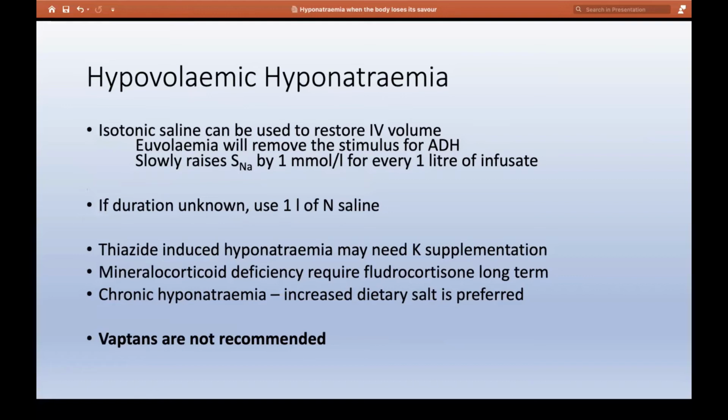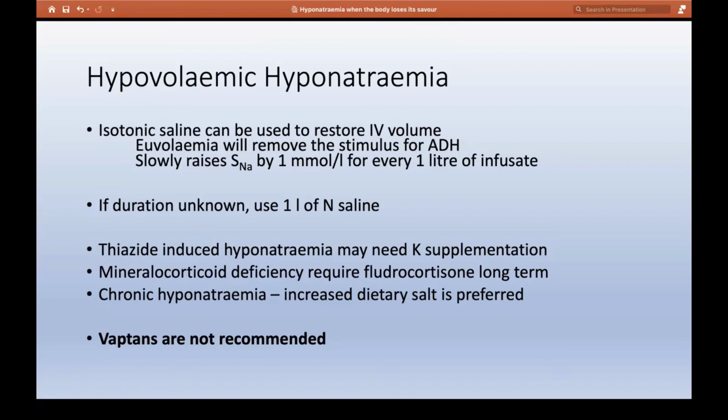Hypovolemic hyponatremia. Obviously, the patient is in a dehydrated state. So if somebody is dehydrated and having hyponatremia, then the substance that you need to give is normal saline. If the duration is unknown, you give 1 liter of normal saline and you correct the hypovolemia. Of course, you need to correct the etiology.